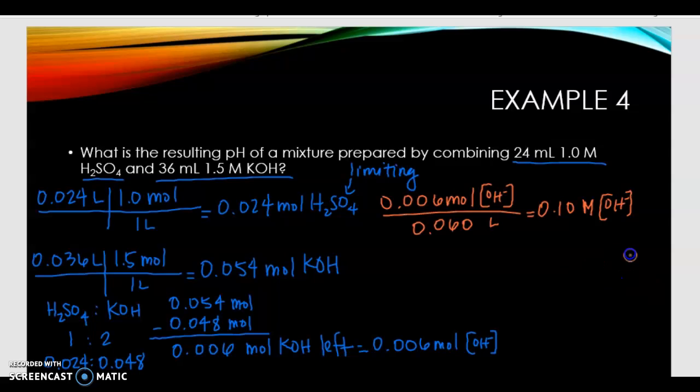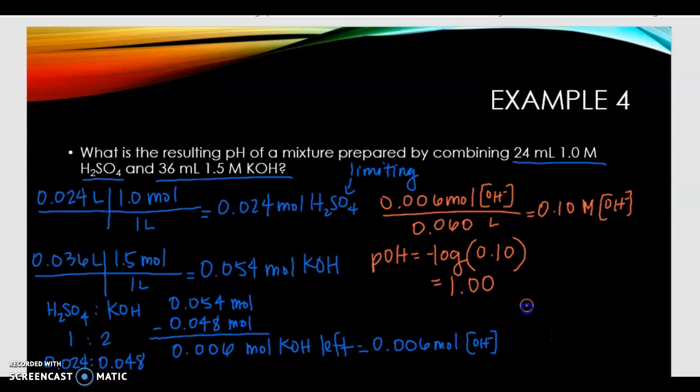So, since we have that concentration, we can figure out the pOH again by taking the negative log of our concentration, which is 0.1. And that will give us a 1. Okay, we have 2 sig figs in our log number, so we have to have 2 decimals in our actual pOH number. So it's 1.00.